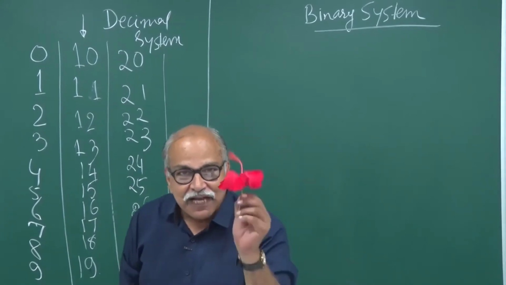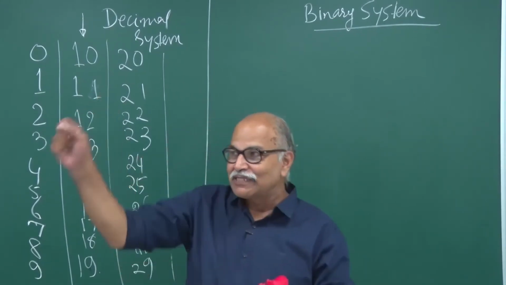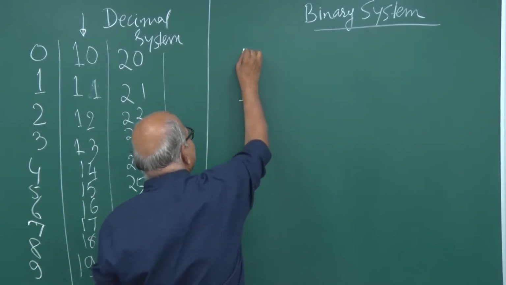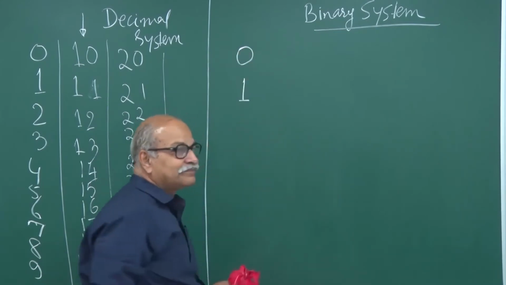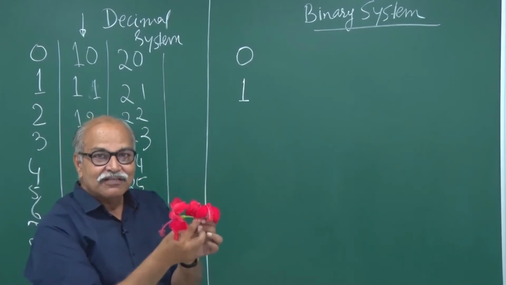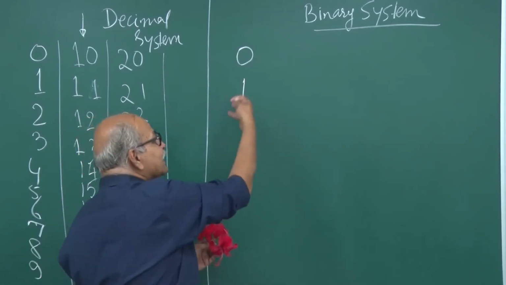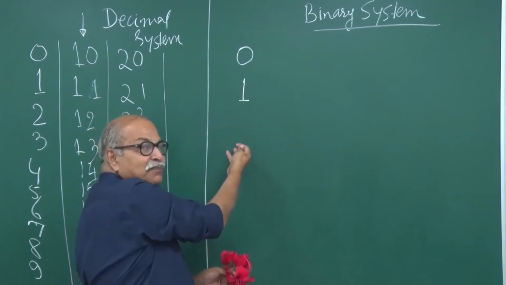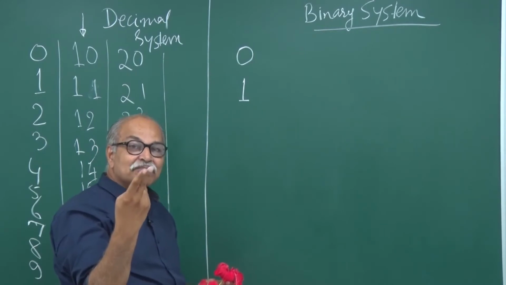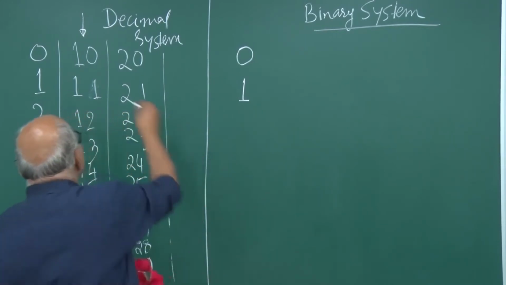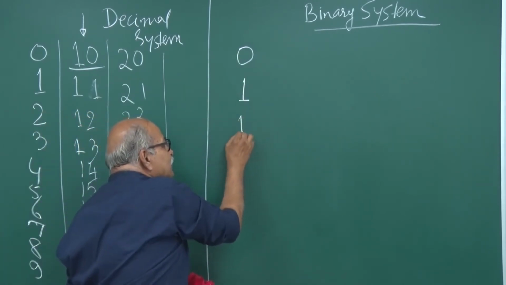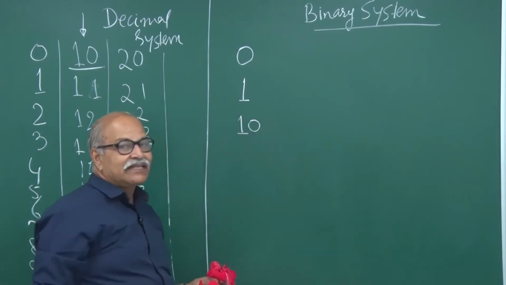If you have one flower, you will make a picture of flower, and then you will say it's 1. If you don't have any flower, you will call it 0. But what if I add one more flower? Then I have to go for the next number. I do not have next symbol, so I have to go for 2-digit number, and when I go to 2-digit number, what do I do? I am to use only these 2, and that will be 1 0, like this.